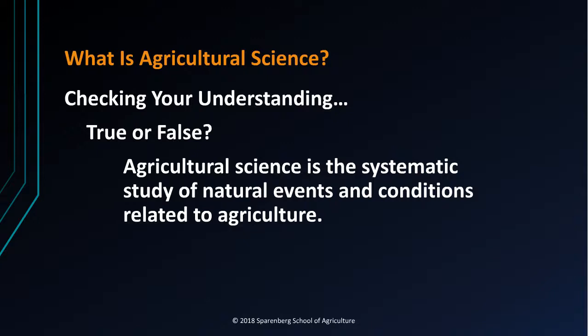Our definition of agriculture includes production of plants and animals for food, feed, and fiber, the provision of agricultural supplies and services, and the processing, marketing, and distribution of agricultural products. Agricultural science is conducted on all those activities.